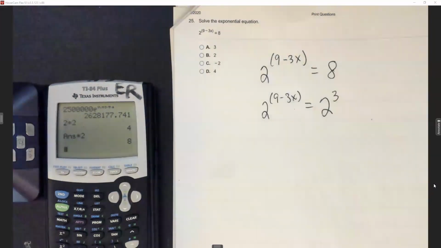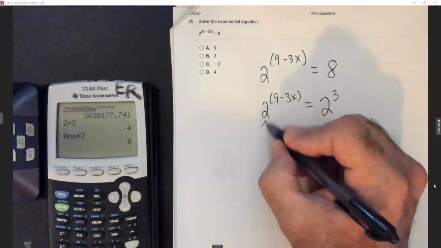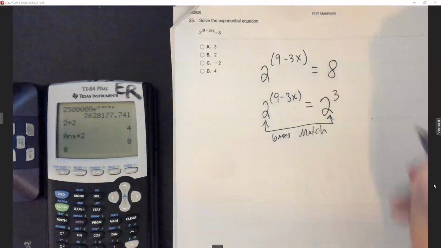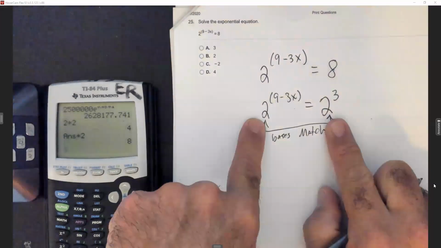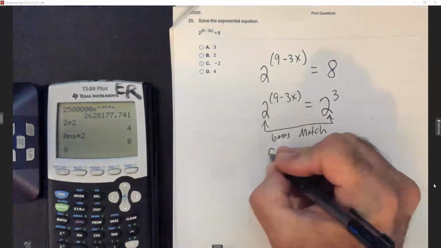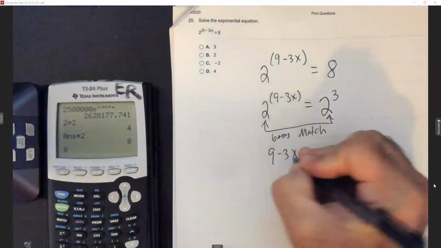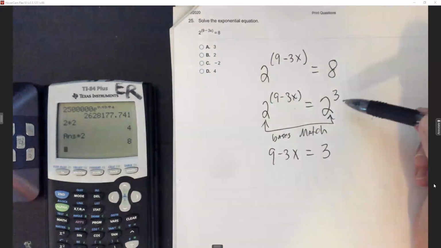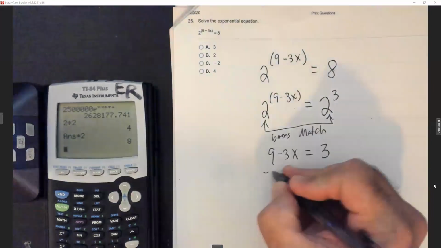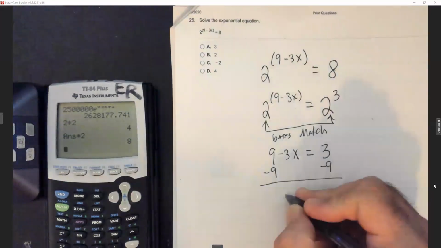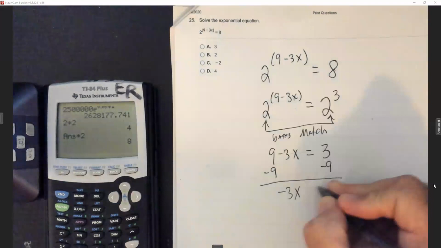But now, since these bases match, anytime the bases match, that means these exponents have to be equal to each other. So 9 minus 3x has to equal 3. Okay? Now solve this. So what are we going to do first? Subtract 9. And I get negative 3x equals, what's that, negative 6.